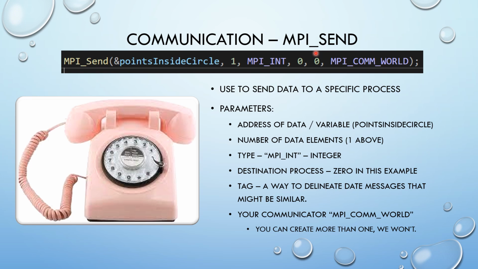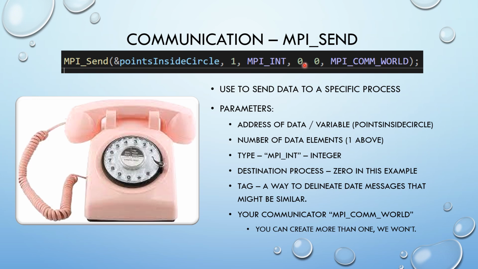How's process 0 going to know which one goes to the sum and which one goes to the clock or something like that? Well, you can put a tag in there, and this tag is an integer that delineates between one message and another. So this tag could be 0 or 1 or 12. We would probably typically define some constants and use constants here to make our code more readable.